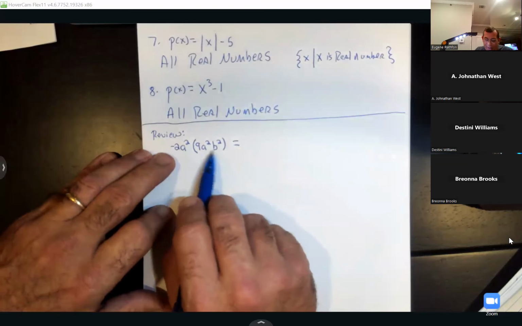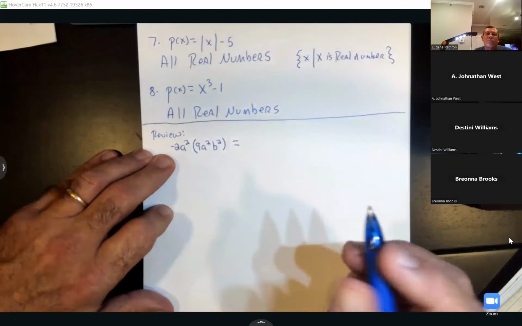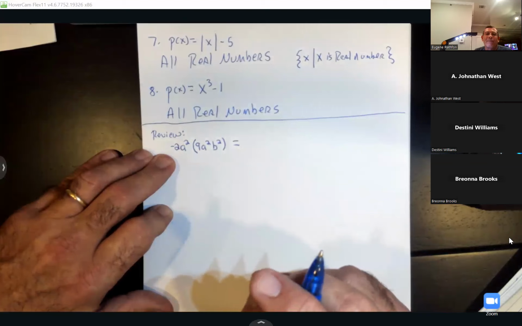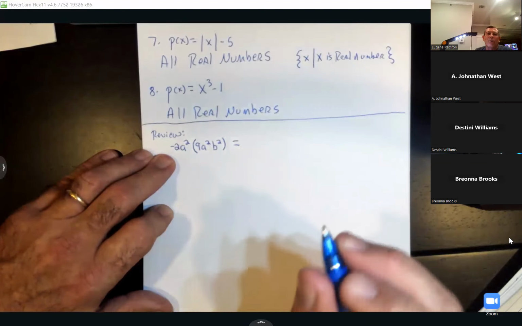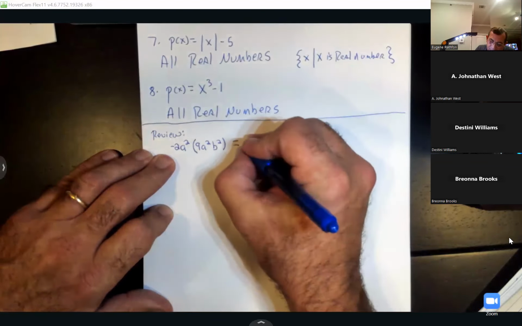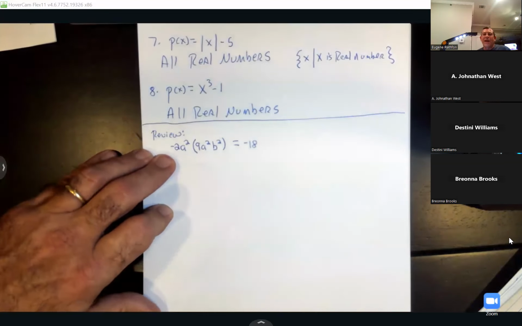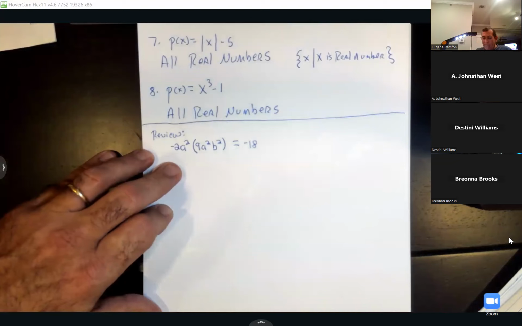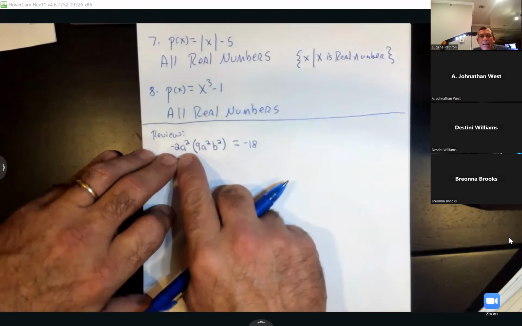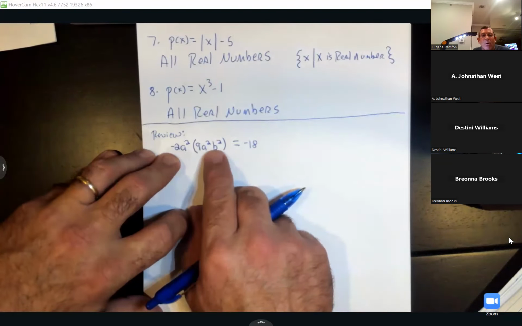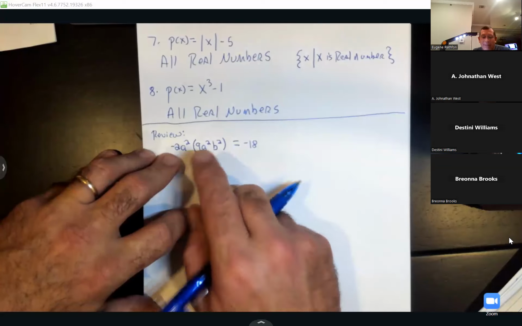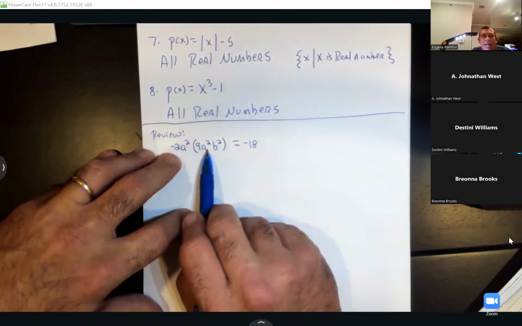The only thing over here that -2 can multiply by is what? That 9. So -2 times 9 is going to give us what? -18, right? Correct. Now the a, there's only one thing over here that a can multiply by, and that's the one that looks like it, right?